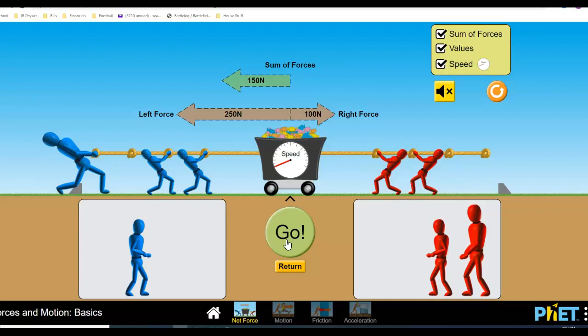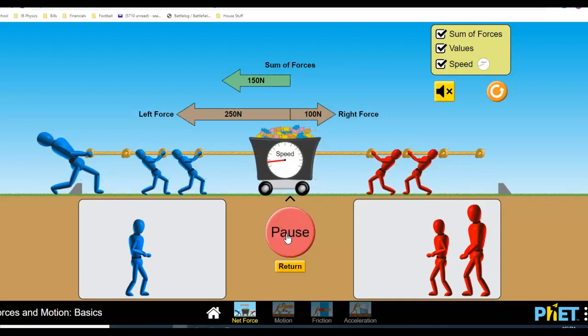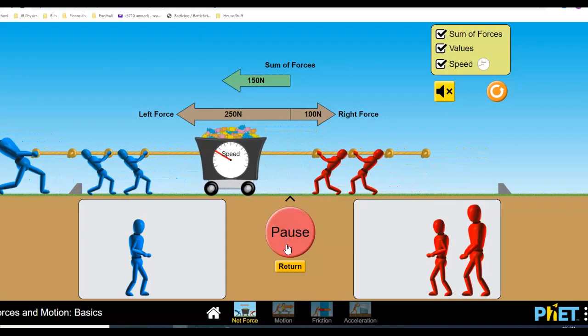Newton's first law says it's going to stay at rest or move at constant velocity unless there's a net force. Well, there is a net force, and the net force is to the left. That means this object is going to accelerate. It's going to change its velocity to the left. So when I hit go, I would expect the cart to move to the left, plus speed up. Okay, watch this. And that's what happens.